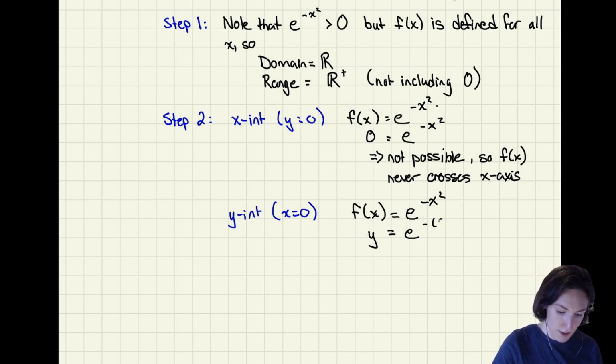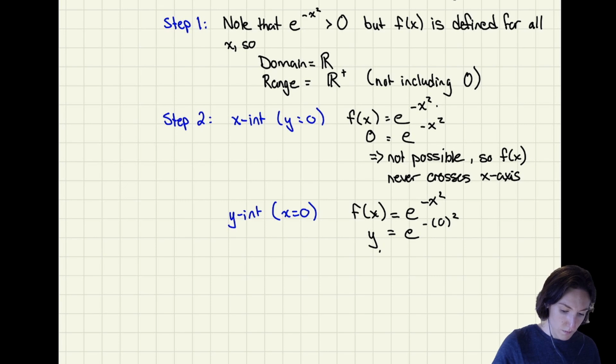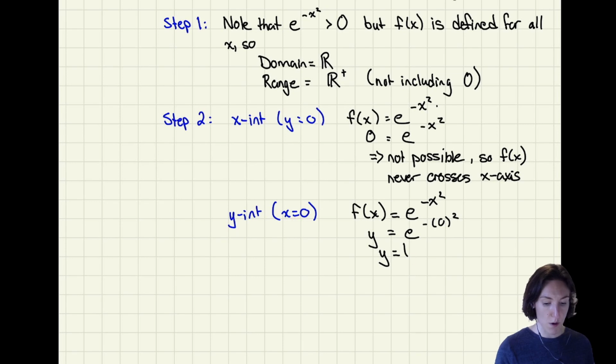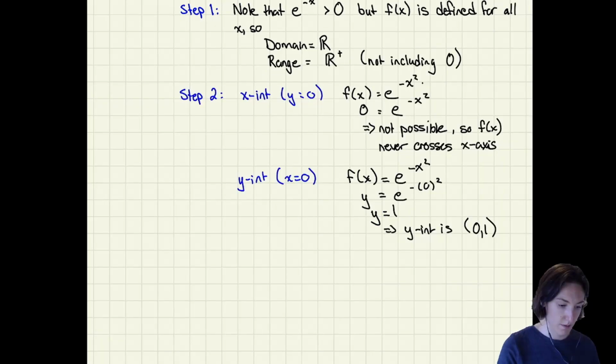So then we get e to the negative 0 squared. What's e to the 0? E to the 0 is just 1. So y is equal to 1. Our y-intercept is the point where x is 0 and y is 1. So the y-intercept is (0, 1).